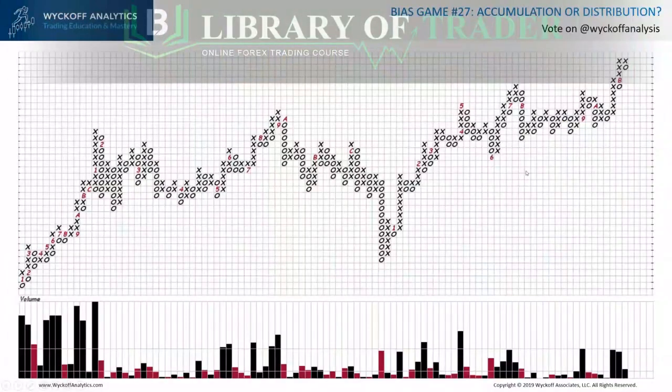All right, next bias game. What do you guys think? Accumulation or distribution? And I'm going to confuse you here, so I want your answers. Think about this for maybe 20 seconds and then let me know.